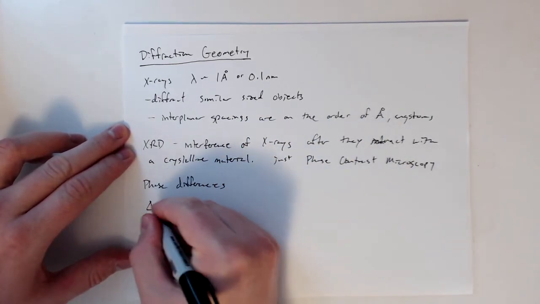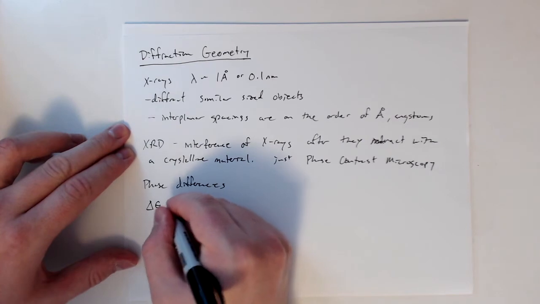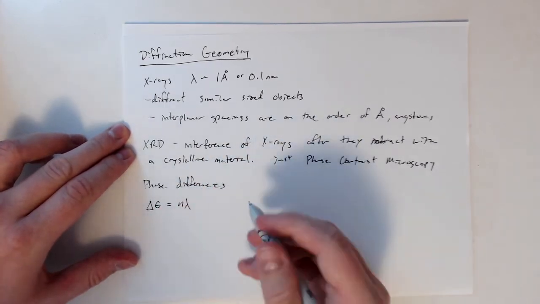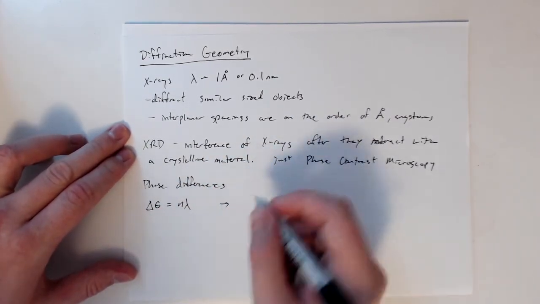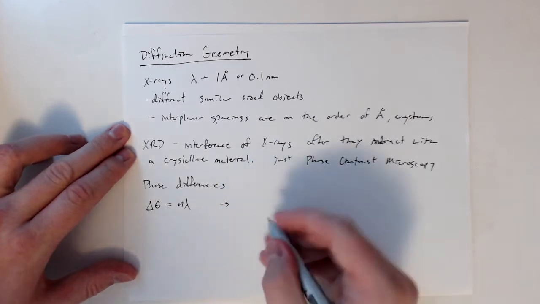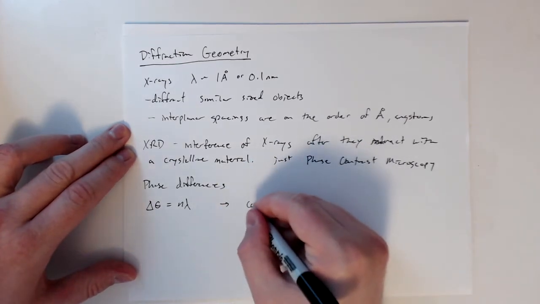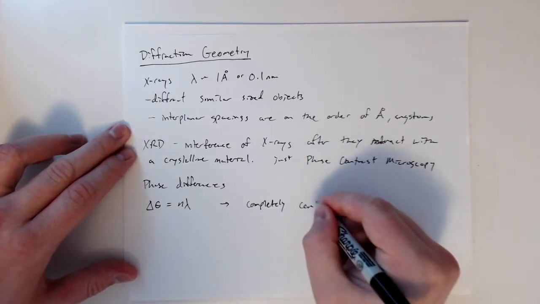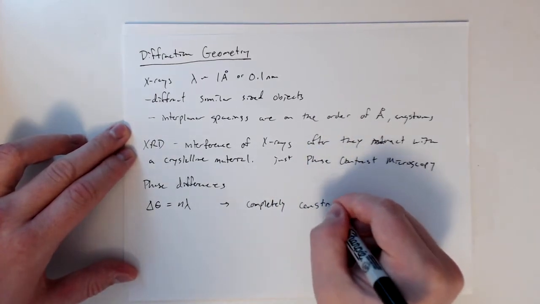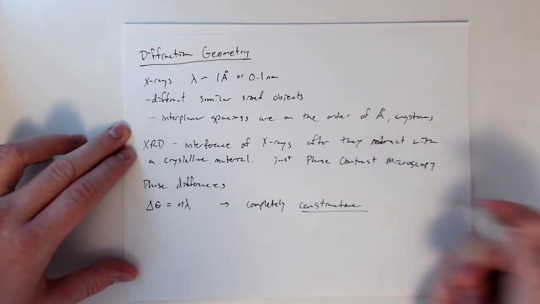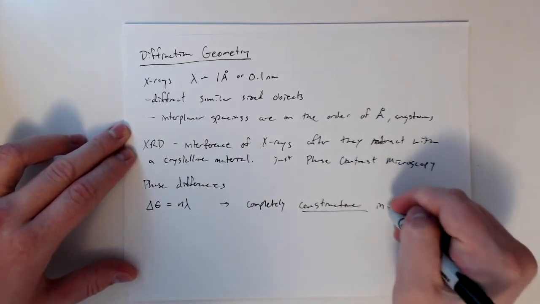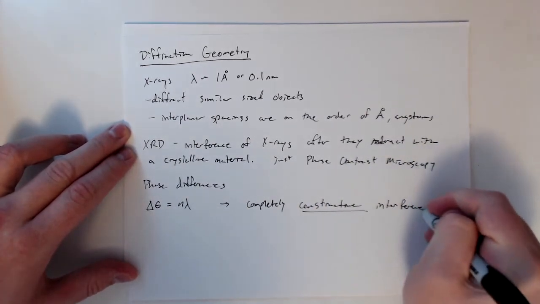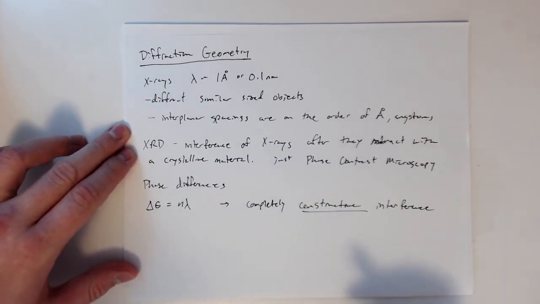When the phase difference is some integer of the wavelength, this gives us completely constructive interference. That should be familiar at this point, and if not, go back and watch those videos about phase contrast.